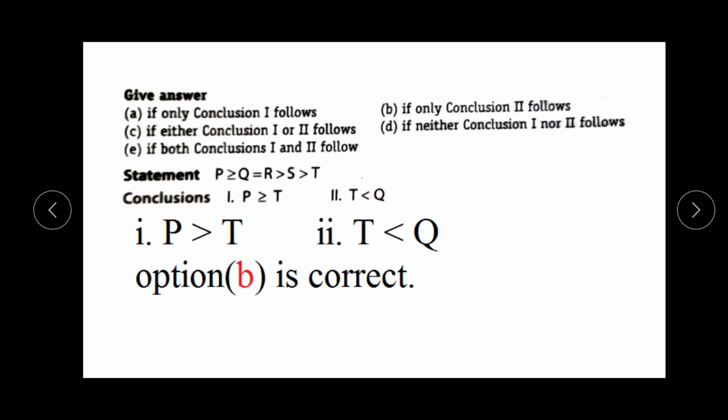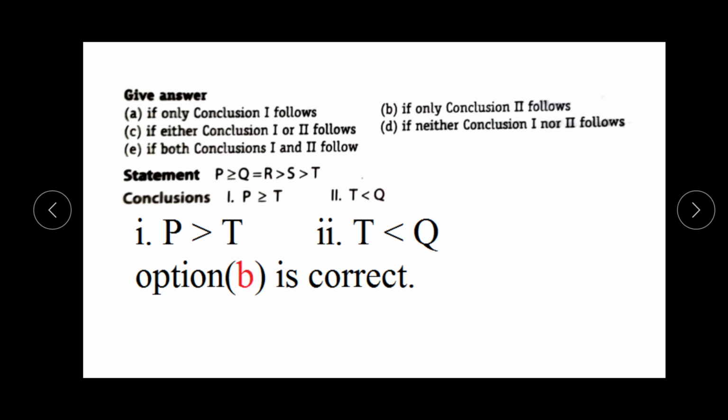If neither conclusion one nor two follows, then neither conclusion follows. If both conclusions one and two follow, then we will choose the fifth option.